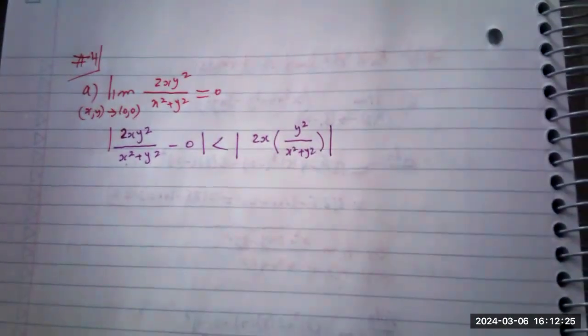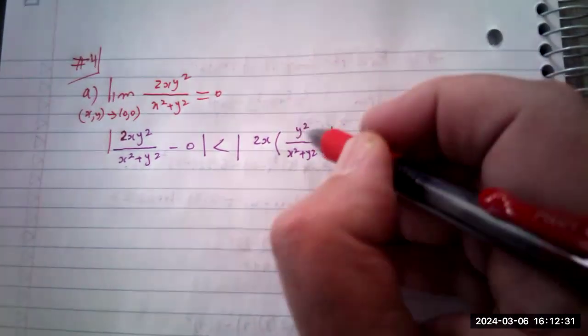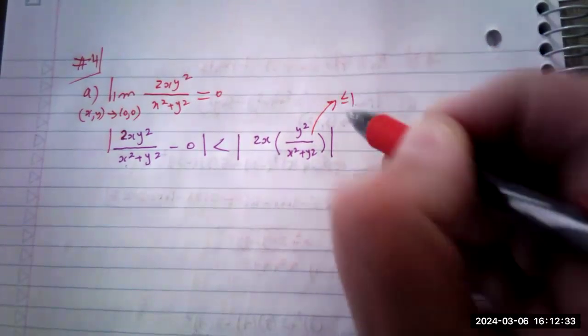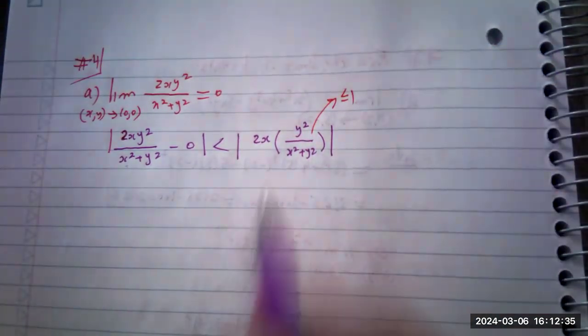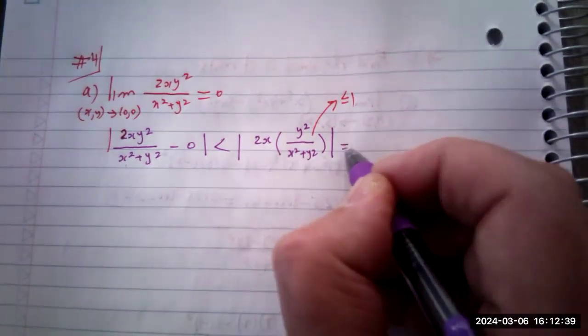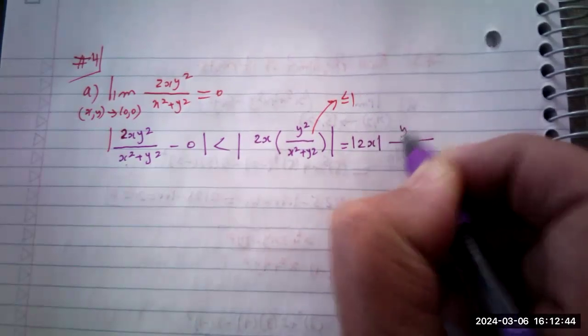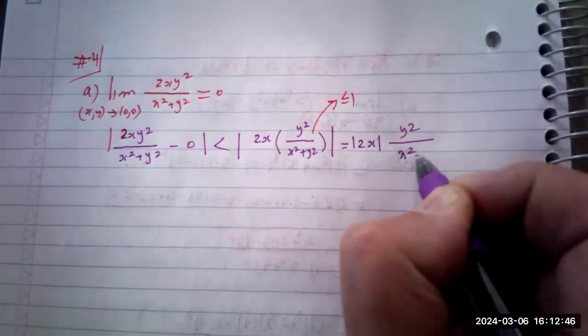If you have this one, you can do it. If you don't have it, this limit does not exist. Now, this portion is less than or equal to 1. Let's write it down in 2 steps. It's going to be the absolute value of 2x times y squared over x squared plus y squared. Everything is positive.